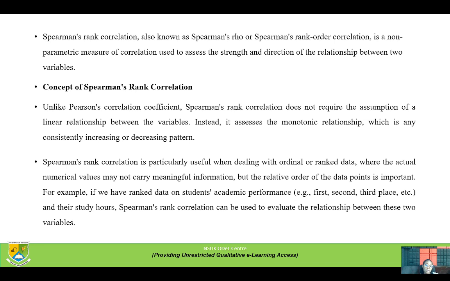The Spearman correlation coefficient, which is RS, is called the Spearman's rho, or the Spearman's rank order correlation. It is a non-parametric measure of correlation used to assess the strength and direction of relationship between two variables.